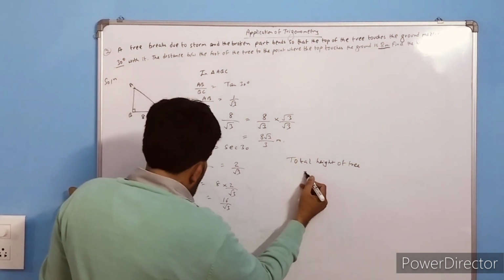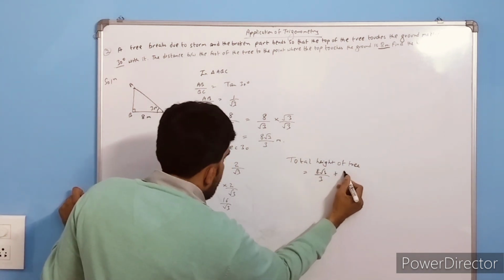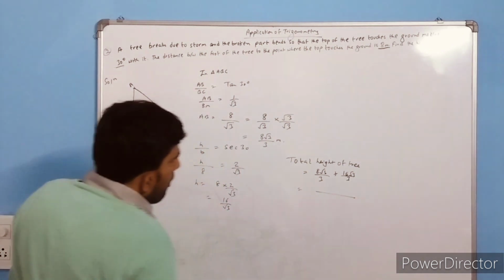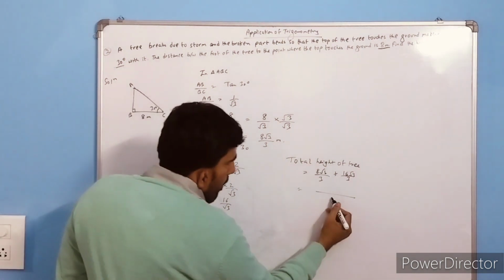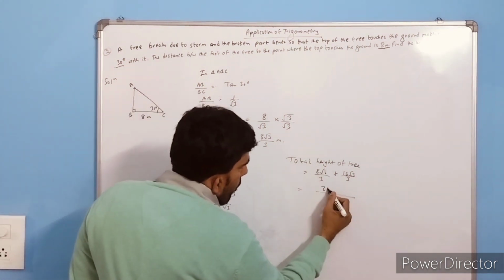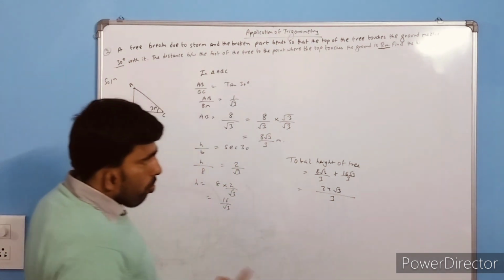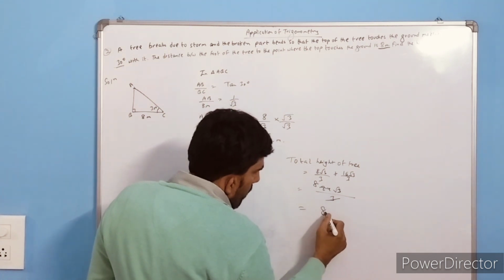That is now 8 root 3 upon 3 plus 16 root 3 upon 3. What will happen? Just take the LCM. Okay. So 8 root 3 plus 16 root 3, 24 root 3 upon 3. So now you got 8 root 3.